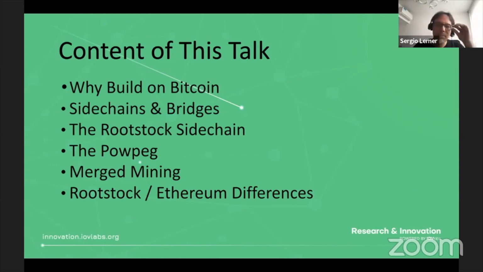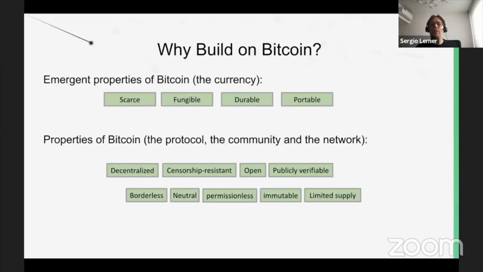And then we'll get a glimpse of what Rootstock is and what the main capabilities of Rootstock are. Last, I'm going to show the main differences between Rootstock and Ethereum, because if you already know how to program Ethereum smart contracts, you will see how easy it is to port them to Rootstock. So first of all, why build on Bitcoin?